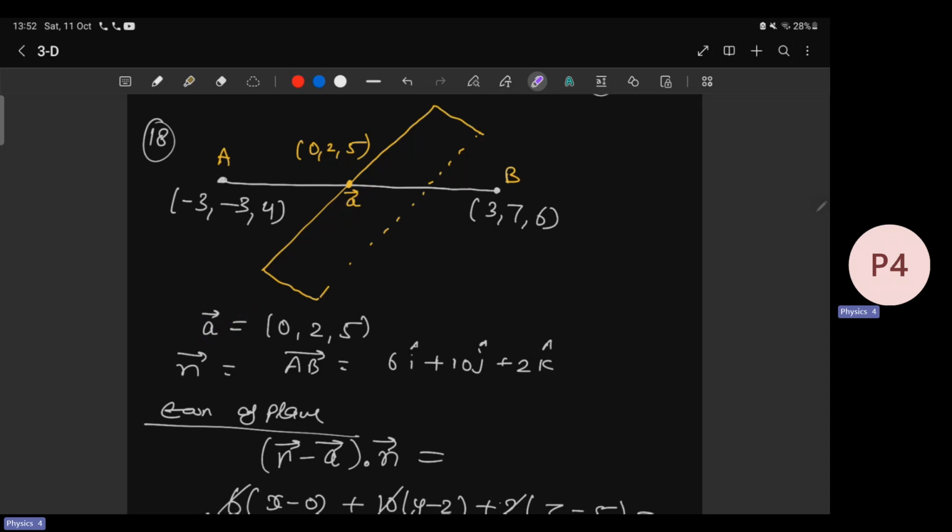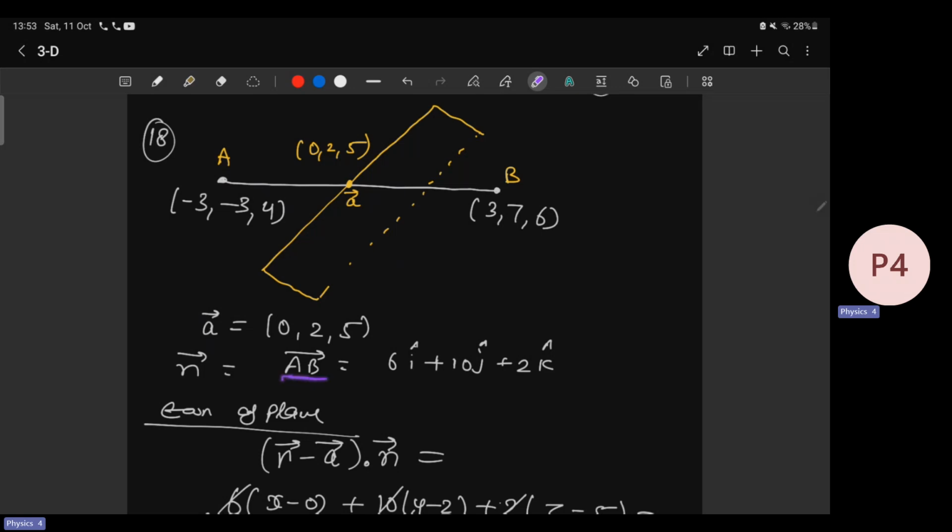If we get the normal to the plane, we can easily write the equation of the plane. And we know that since this plane is bisecting the line segment, it is given that this AB vector is perpendicular to the plane.